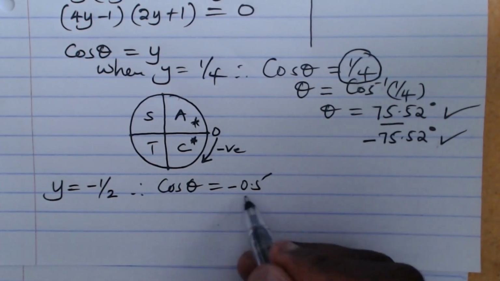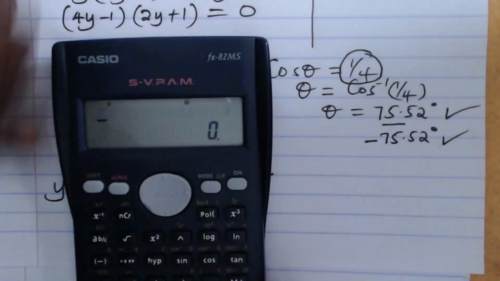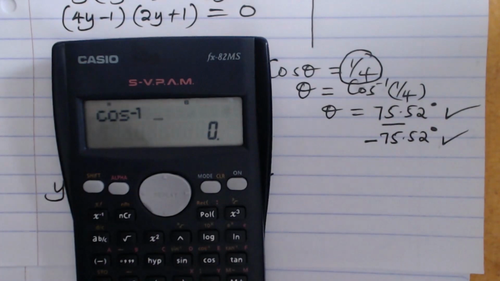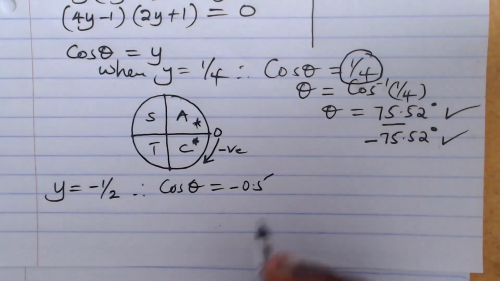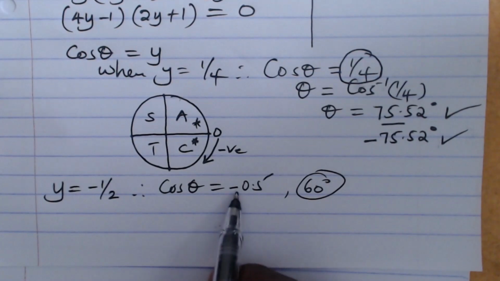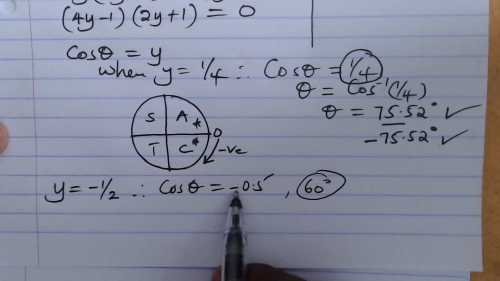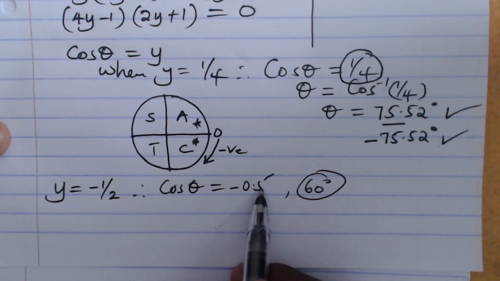So we first get the acute angle that we are going to use. What is the cos inverse of 0.5? The cos inverse of 0.5 is 60 degrees. We have ignored the negative because it tells us to consider which quadrants have cosine as negative.